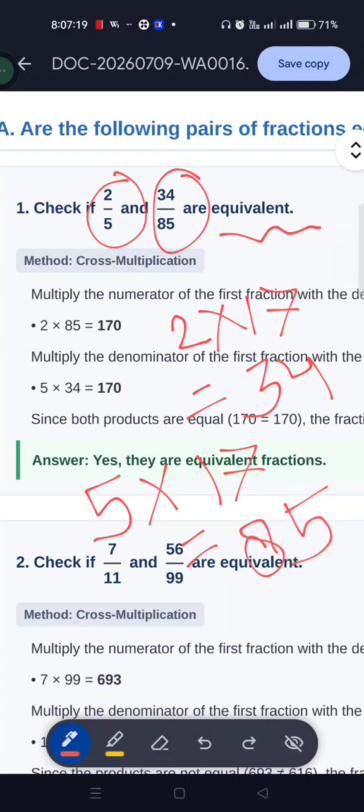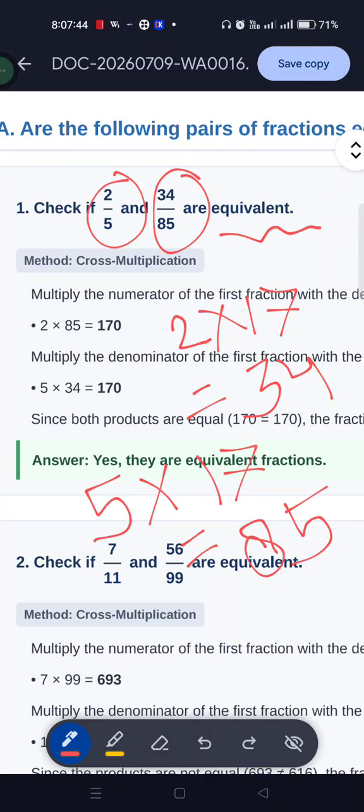So it means that when you multiply 2 upon 5 by 17 in both numerator and denominator, you are getting 34 upon 85. So it means that it is an equivalent fraction. So we can say that this pair of fractions is equivalent.